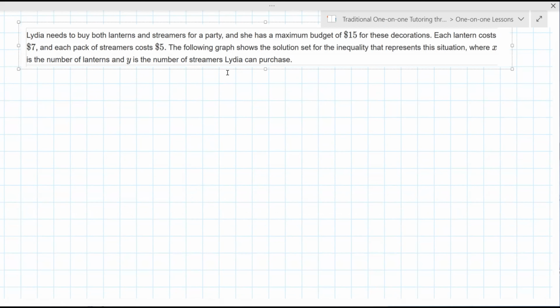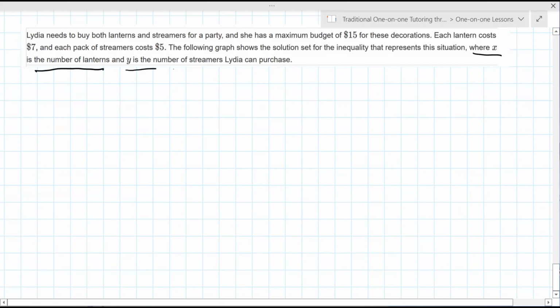And they want you to graph the solution. They tell you that X is the number of lanterns and Y is the number of streamers. So see if you can write the budget equation for me, please. It is an inequality and it will involve the 15, the X, the Y, the 7, and the 5. So go ahead and try writing that out for me, please.